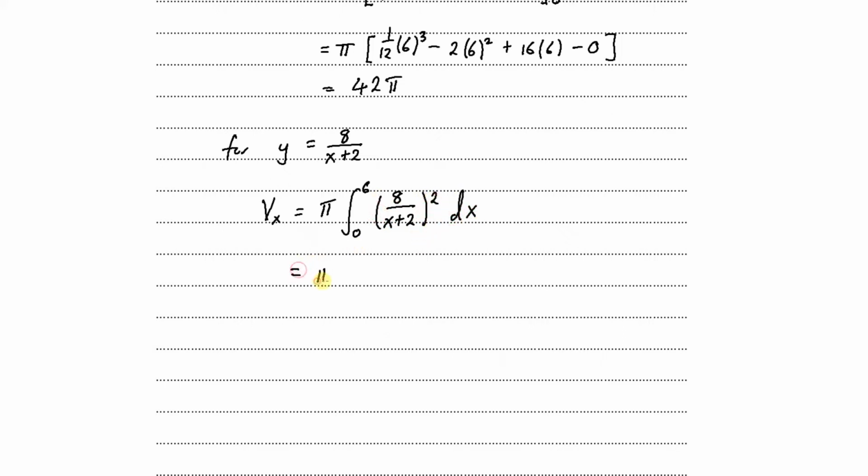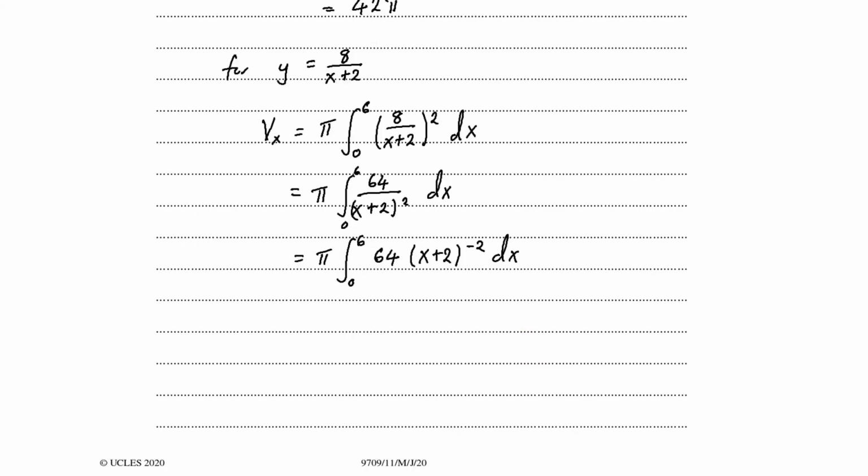So this is pi times the integral of 64 over (x + 2) squared dx from 0 up to 6, which is the same as pi times the integral from 0 up to 6 of 64 (x + 2) to the power of -2 dx.